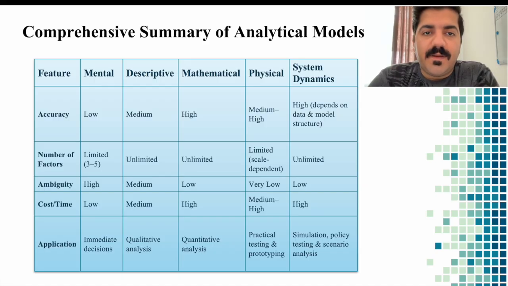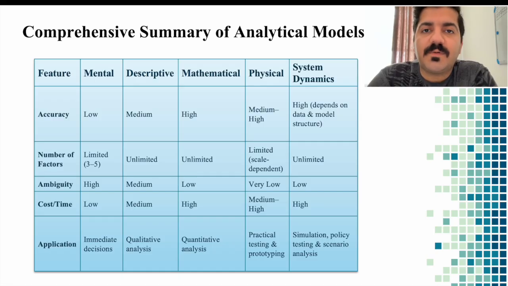This table compares 5 types of models across key features. Mental models are fast and cheap but have low accuracy and handle only 3 to 5 factors, making them good for quick decisions. Descriptive models offer better clarity for qualitative analysis with unlimited factors but take more time.